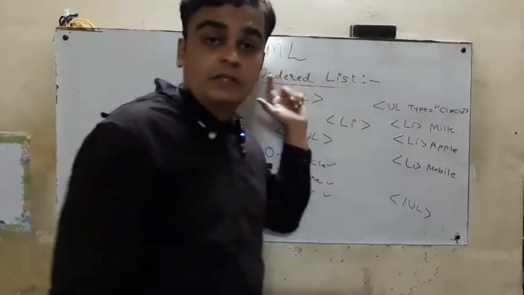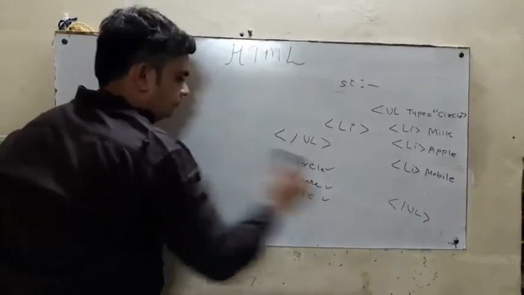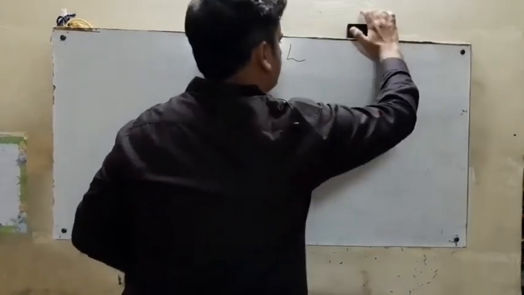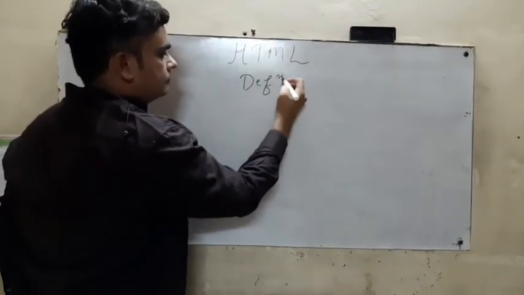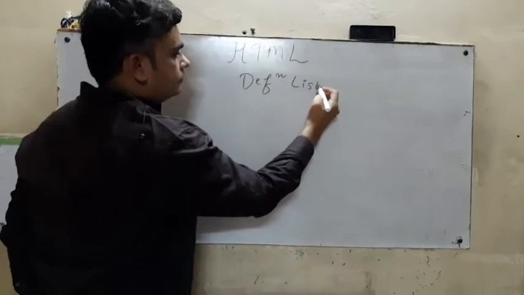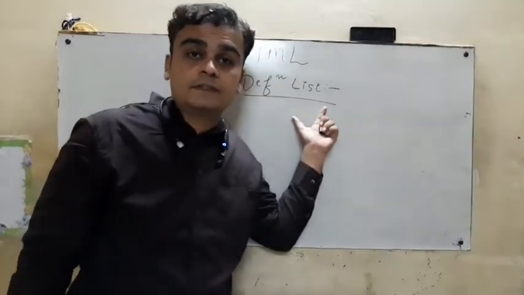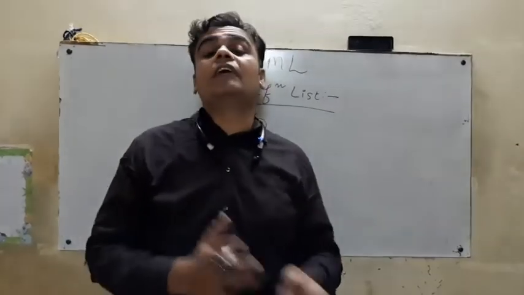Thereafter, my third list is definition list. As the name suggests, with a definition list we can display a number of definitions in our web page.